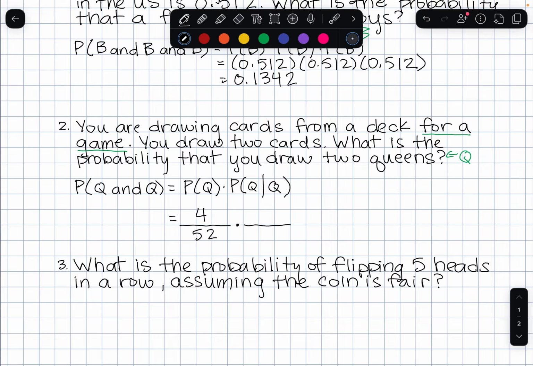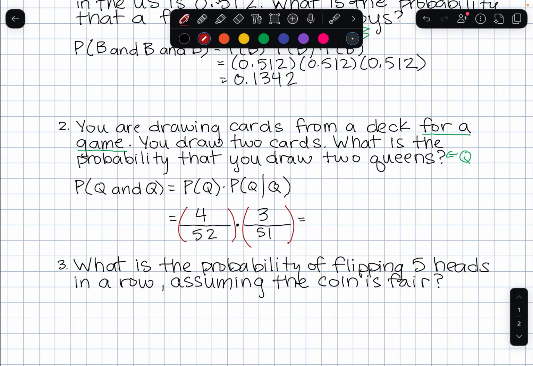I'm holding a card in my hand, so there's now only 51 cards in the deck. I have also drawn a queen from the deck, meaning there are no longer 4 queens to choose from, there are only 3 queens to choose from. So this is the conditional probability that I select a queen, given that my first draw was a queen.